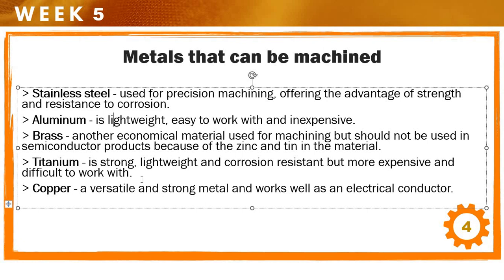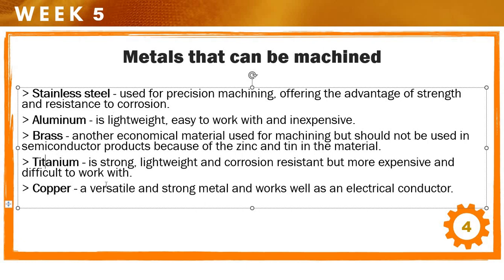The next is brass. It is another economical material used for machining, but should not be used in semiconductor products. Why? Because brass has zinc and tin in the material, and zinc and tin will hinder the function of semiconductor products.